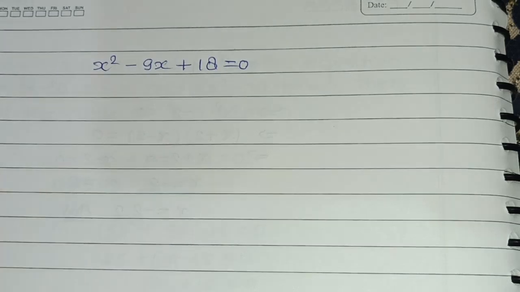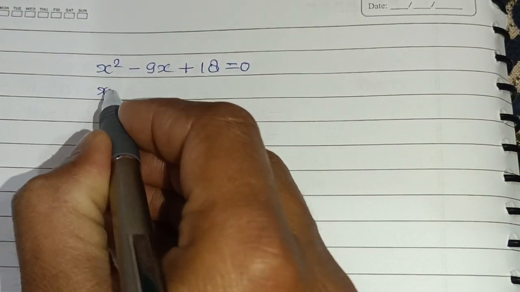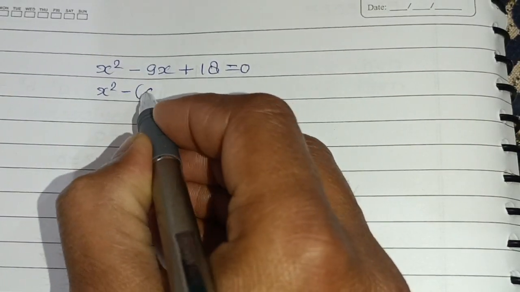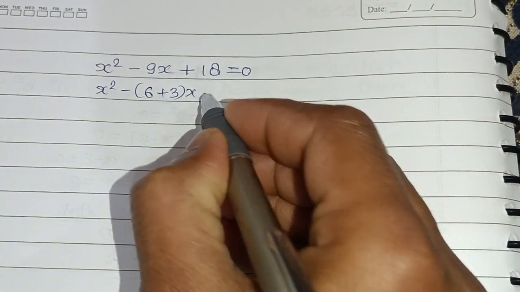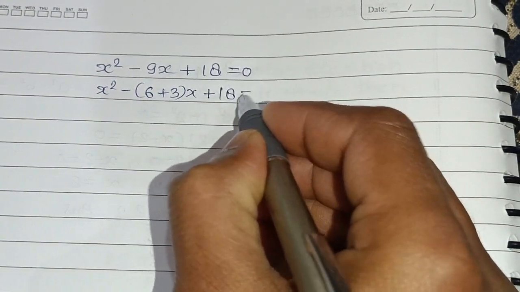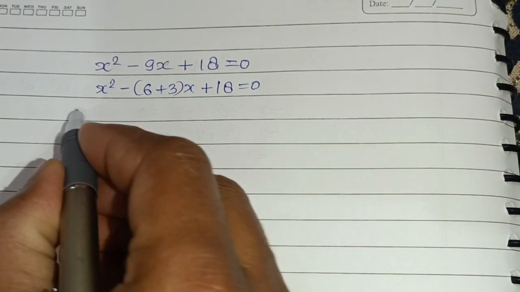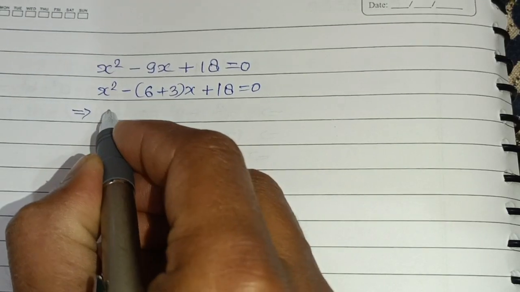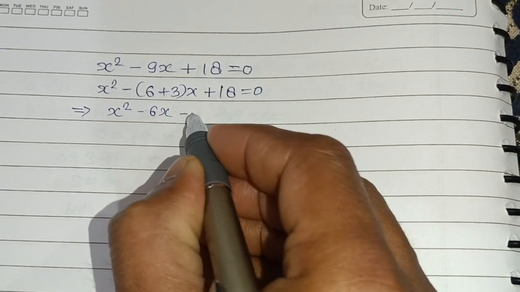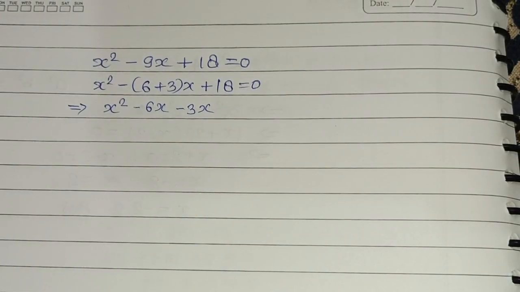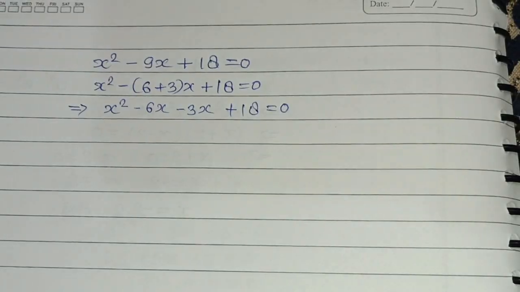Now we can write this equation like this: x square minus 6x minus 3x plus 18 is equal to 0.